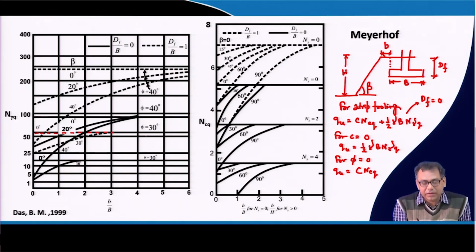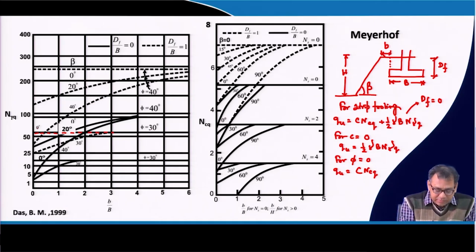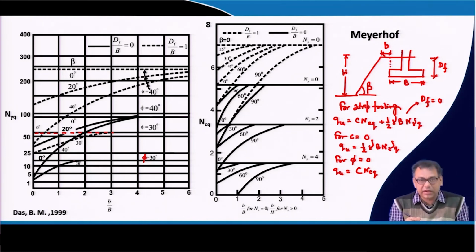So, if phi is equal to 30 degree, then beta is given for 0 degree and 30 degree. And for the firm line also, if phi is 30 degree, beta is given for 0 and 30 degree. If phi is equal to 40 degree, then beta is given for 0, 20, 40. For 30, we cannot provide a beta value more than 30, because then your slope will be unstable. So, values are given for 0 degree and 30 degree.